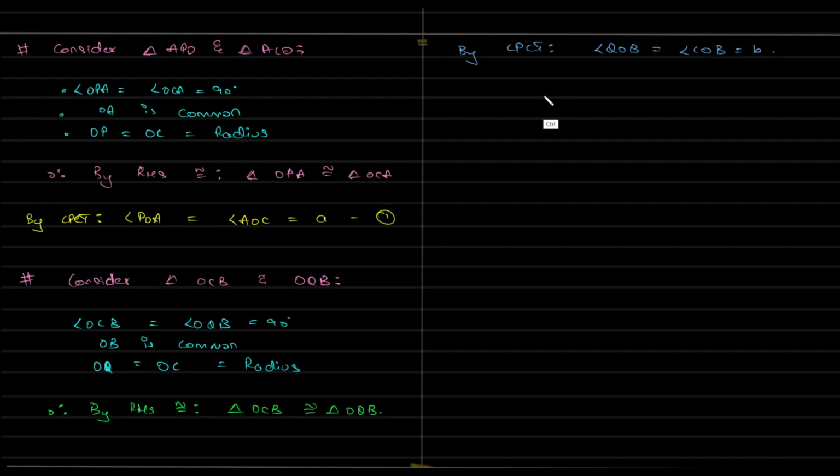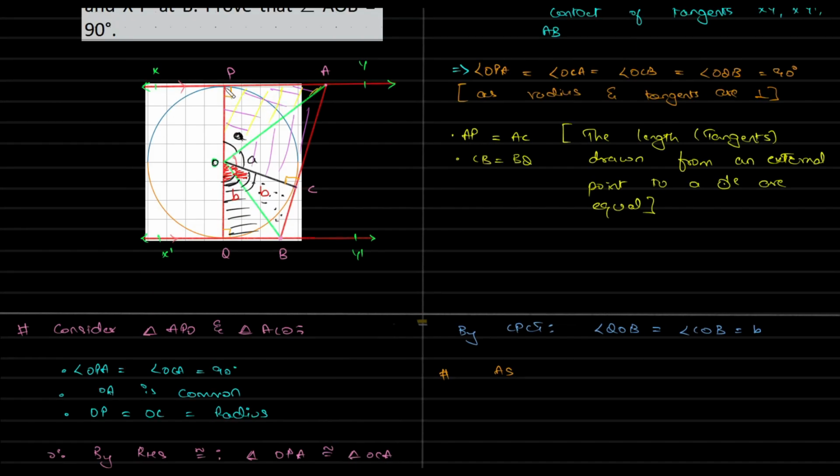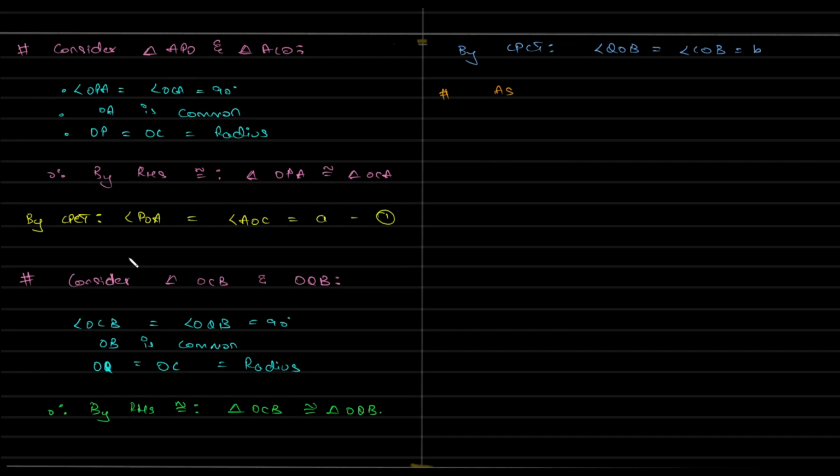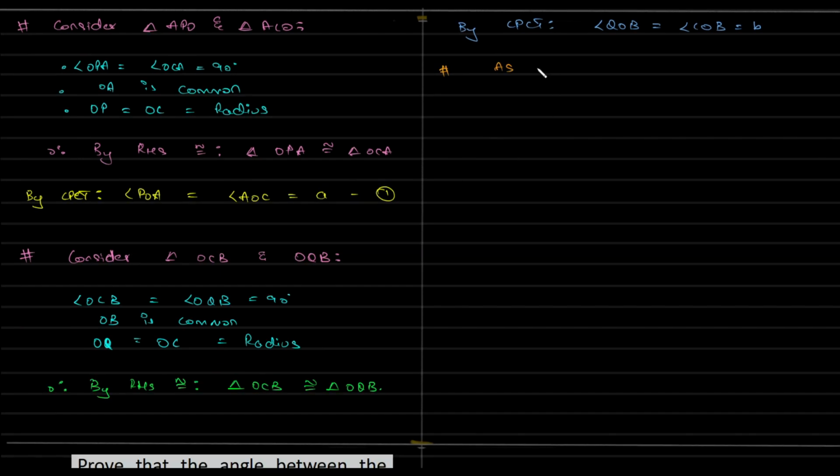So with all of this information, what can we do? There's one more thing that we need to talk about. PQ is the diameter, and thus this is a straight line, so this will add up to 180 degrees. Without that, the answer is incomplete. As XY and X'Y' are parallel tangents, this implies POQ has to be the diameter, right?